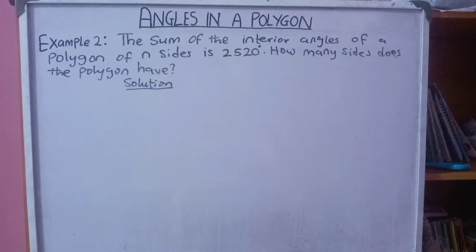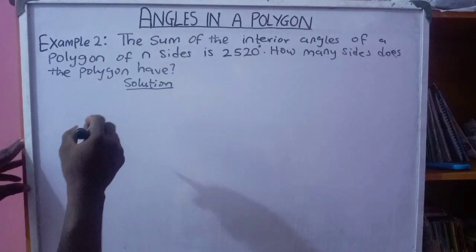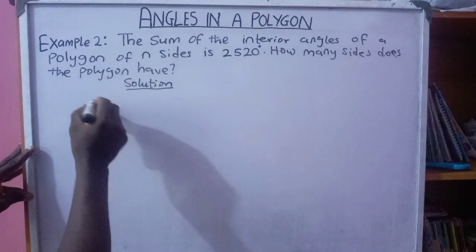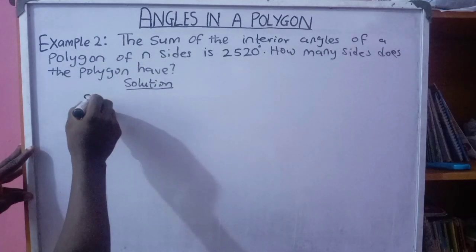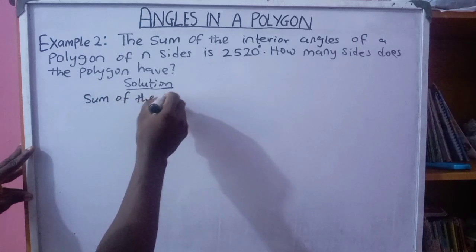In example 2, the question reads: the sum of the interior angles of a polygon of n sides is 2,520 degrees. How many sides does the polygon have? Now you pay attention. Let's get the answer to this question. The sum of the angles is given in the question, so we write sum of the angles.